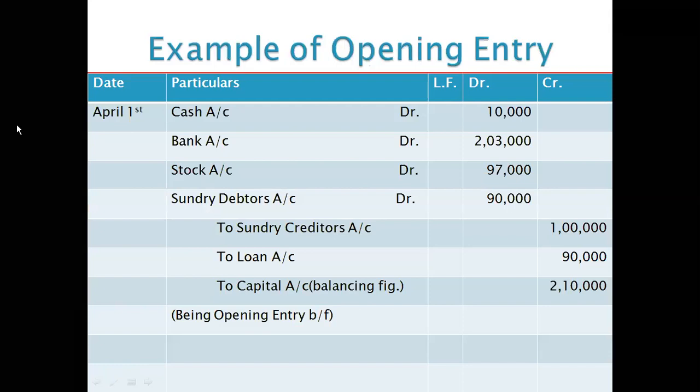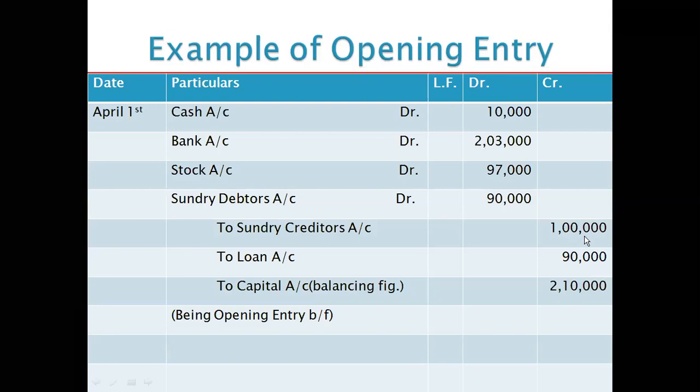The example of opening entry. Here the first example is where the capital account is not given. So the entry would be cash account debit, bank account debit, stock account debit, sundry debtors account debit to sundry creditors account and loan account. Here, after summing up these amounts, the amounts are unequal.